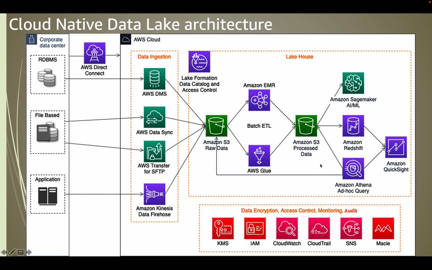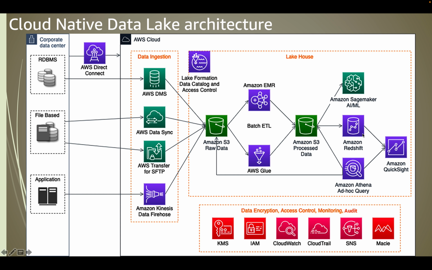Then you process the data, store it into the processed layer, and after that different departments can consume it for different purposes. Maybe a data scientist is coming and consuming it for AI/ML purposes using SageMaker and performing some machine learning on that.